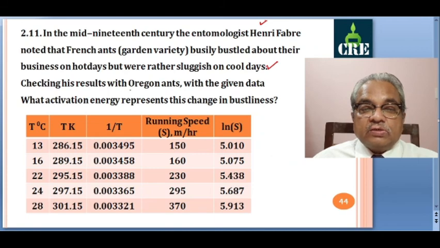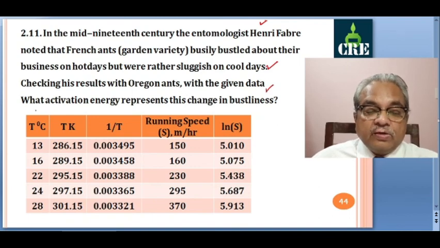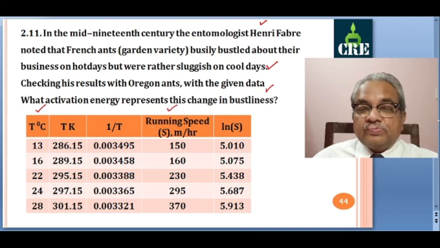Checking his results with Oregon ants with the given data, what activation energy represents this change in bustliness? The temperature in Celsius is given and their running speed is given. Let us say that speed is S and that speed represents some rate constant, here in meters per hour. So rate corresponds directly to rate constant, as in our usual reactions.